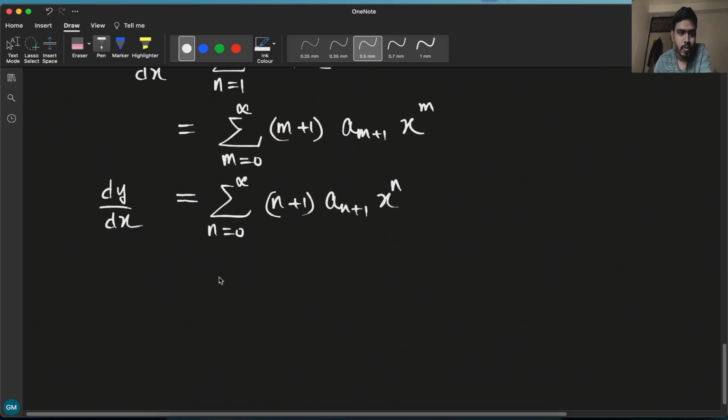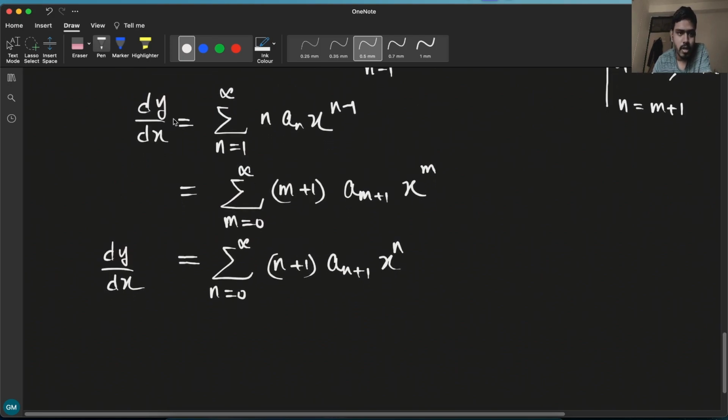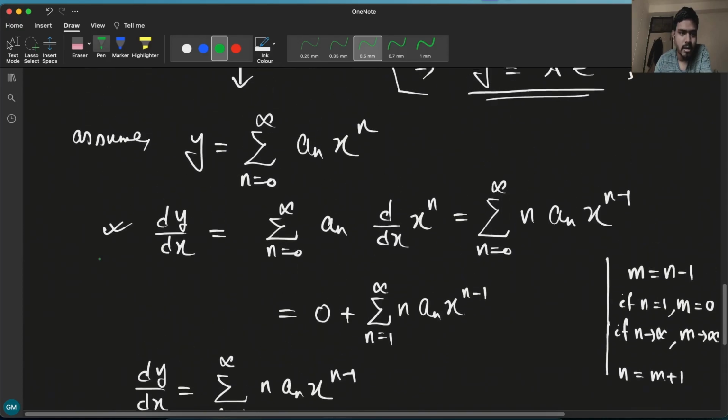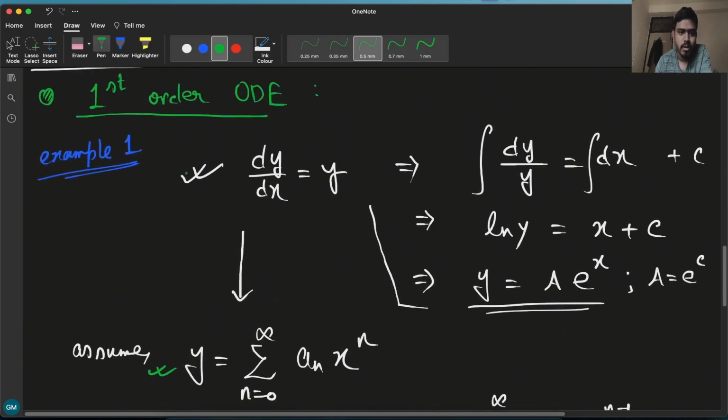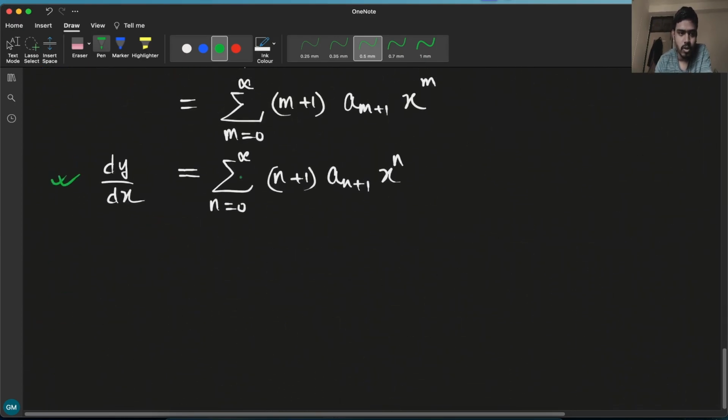Very simple. So now we will use this dy/dx and this y in this differential equation. So we have dy/dx equals y, right?